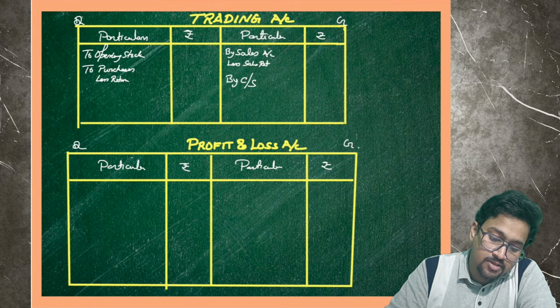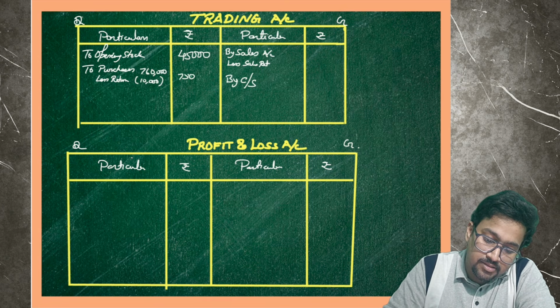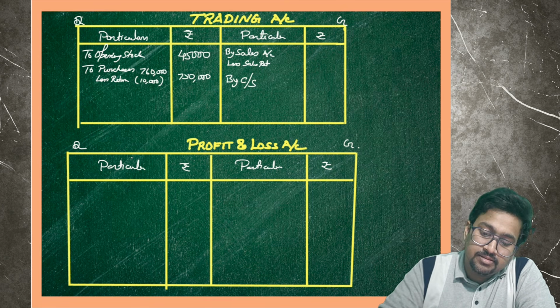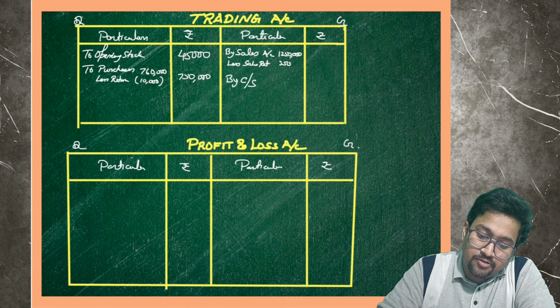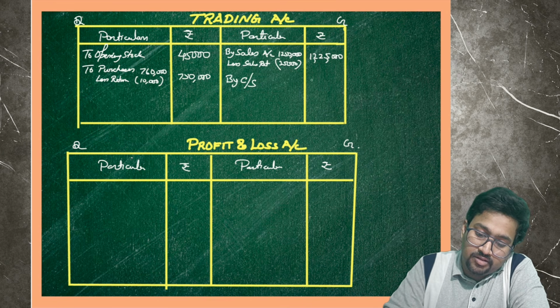The amount is 7,60,000, and 10,000 will be reduced, so it will be 7,50,000. Sales is 12,50,000, 25,000 return, so it will be 12,25,000, and closing stock worth 50,000.